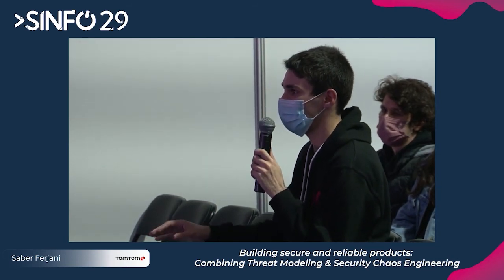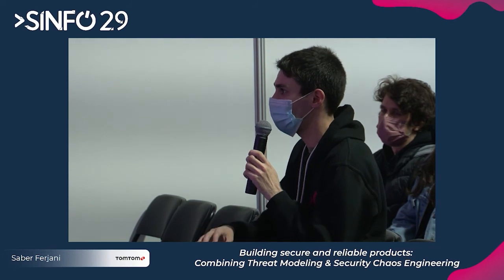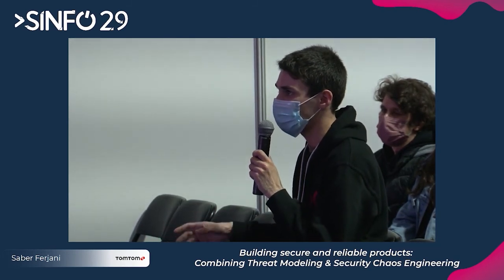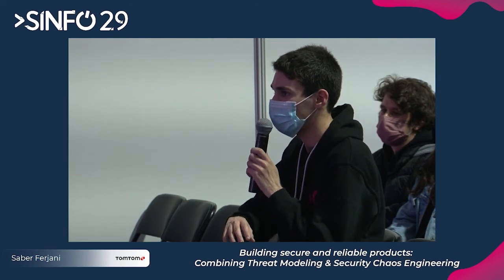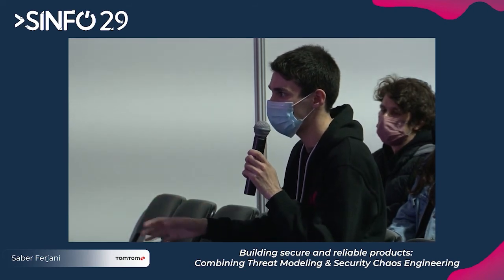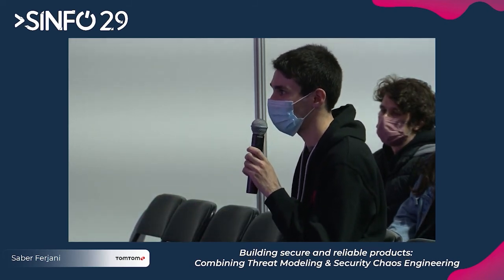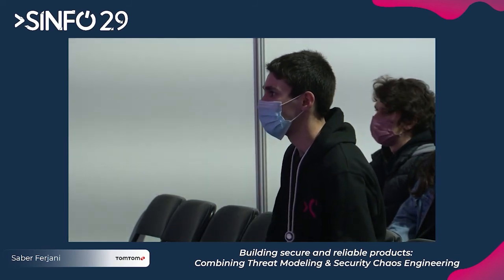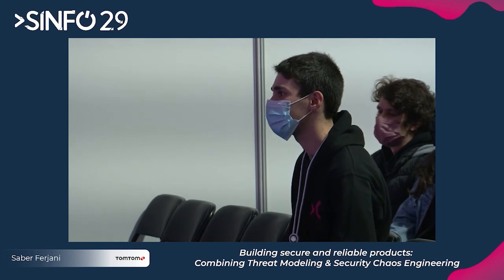Do you think that in software we should take a hybrid approach, using security chaos engineering and at the same time trying to prevent an attack, or do you suggest an alternative? Absolutely. So security chaos engineering is not an alternative.